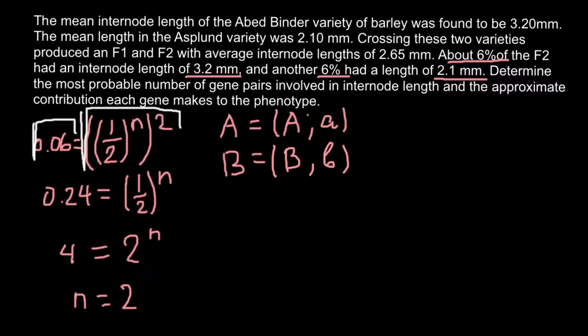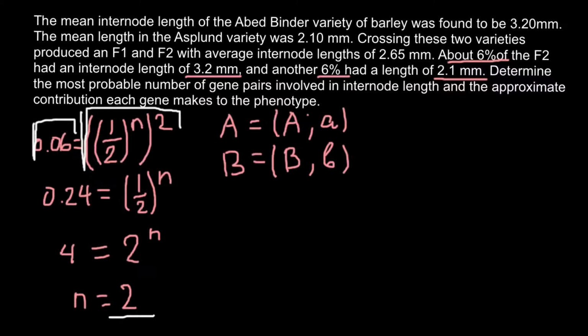So let's analyze our problem once again. We had one variety that had 3.2 millimeters internode length, and another one had 2.1 millimeters internode length. Now we know that this trait is under control of two allelic pairs or two genes, and because this is a diploid organism, each gene is present in two copies.